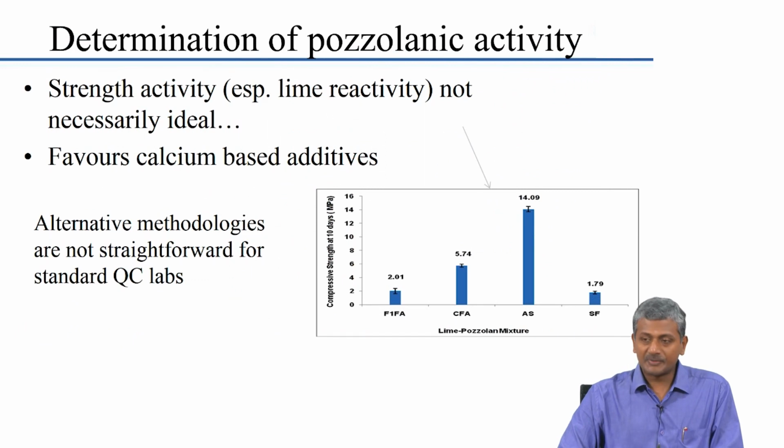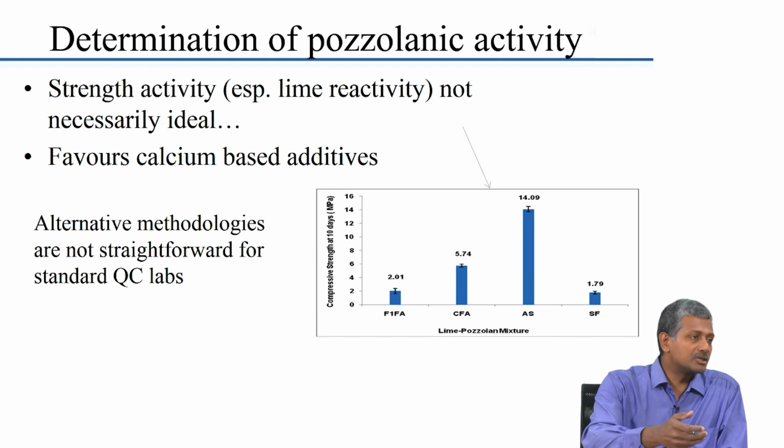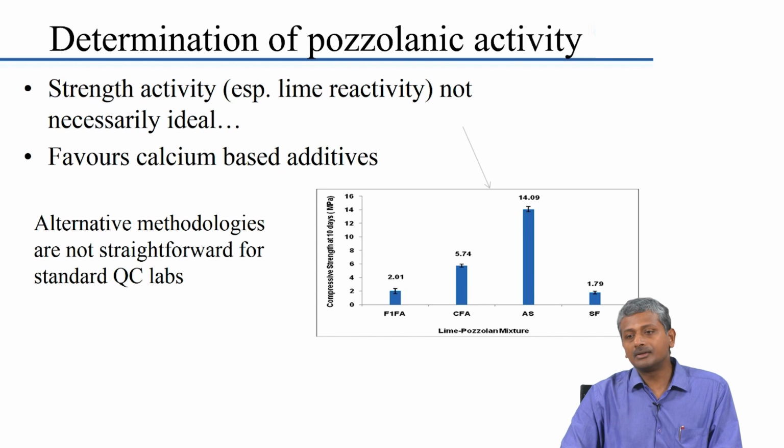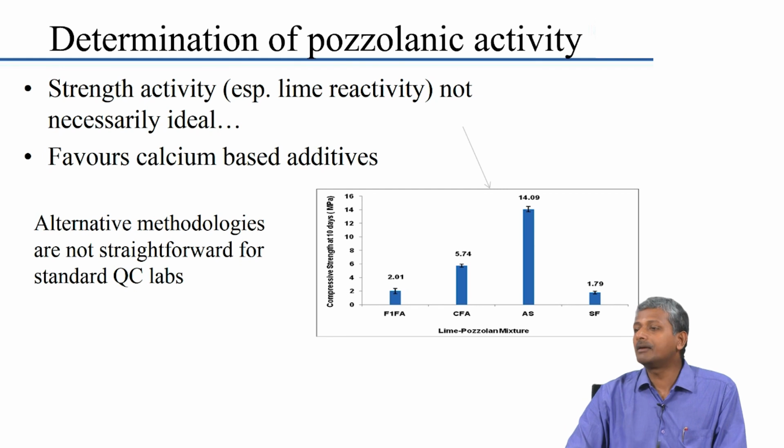Now, one aspect that we talked briefly about earlier is the determination of the pozzolanic activity. How do we accurately pinpoint how much of this material is going to react, and what will that reaction contribute to the strength and durability development of the concrete. So, strength activity tests are not necessarily ideal, especially lime reactivity, because lime reactivity is done in unrealistic systems.